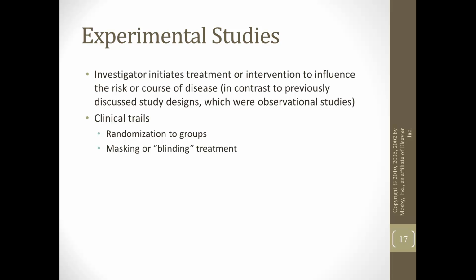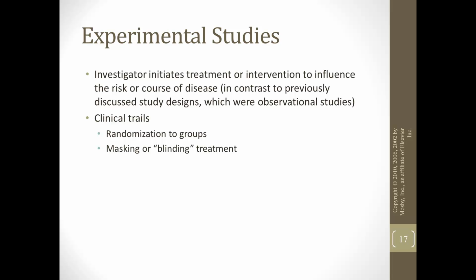There are some experimental studies. You'll hear about randomized groups and blind treatments. When you get into your research class, you'll hear a little bit more about that. The randomized groups means you might have a group of people you want to study. Maybe one group's going to have some sort of medicine or treatment, one group's not, and through random selection, then determining, okay, this is the treatment group, this is the not treatment group.